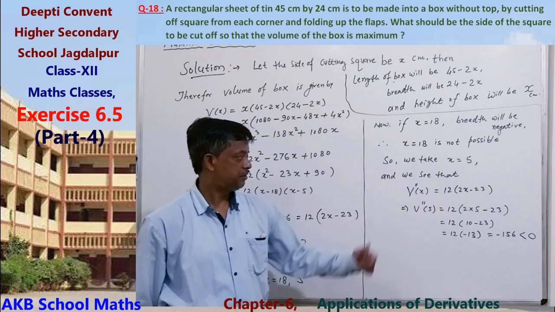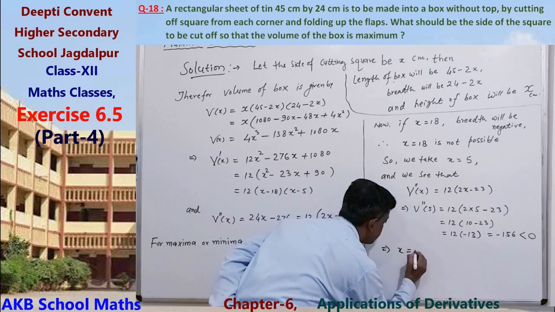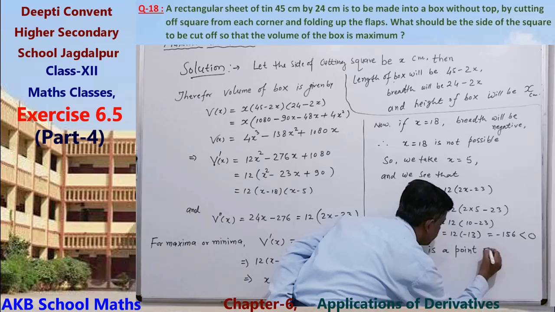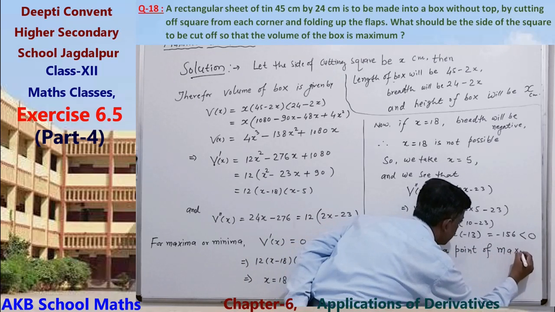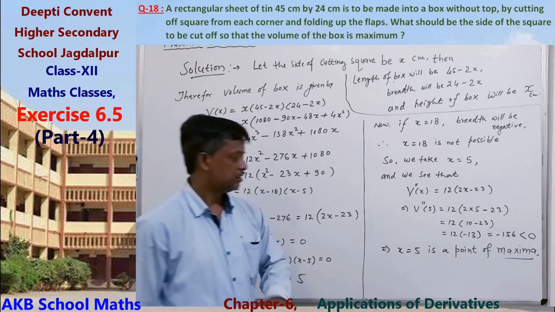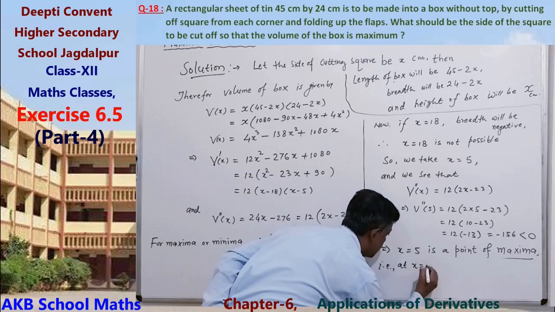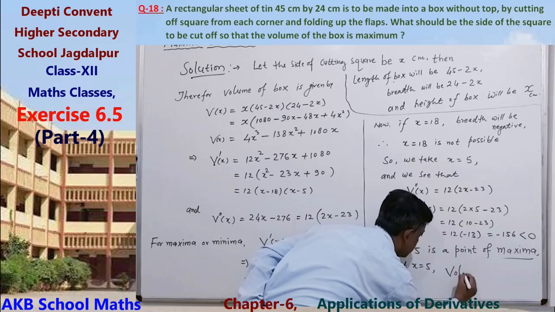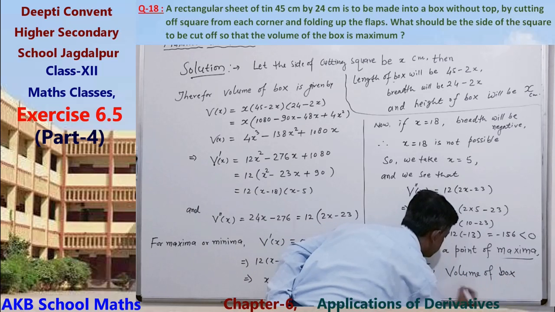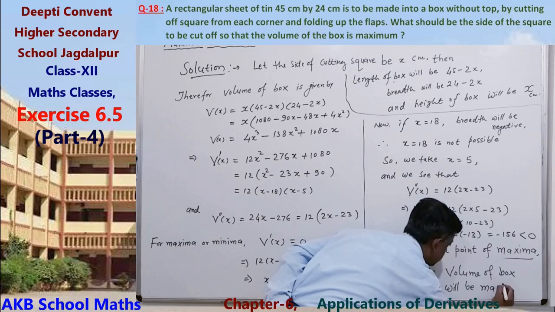Okay. So second derivative at 5 is negative, that means x equals 5 is a point of maxima, that is, at x equals 5, volume of box will be maximum.